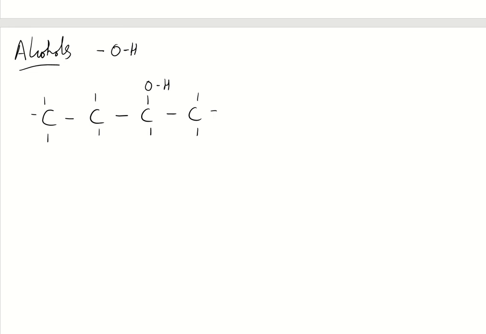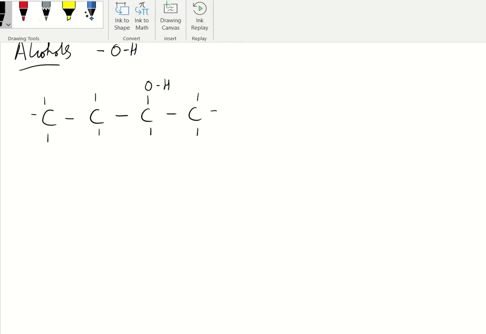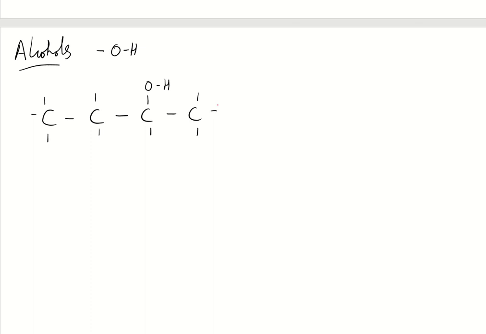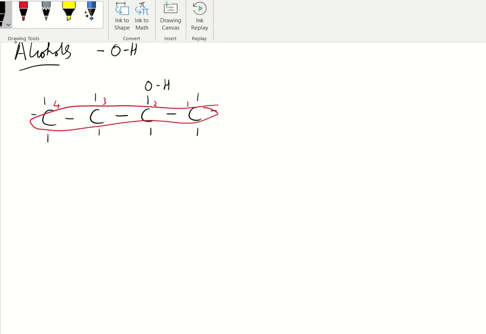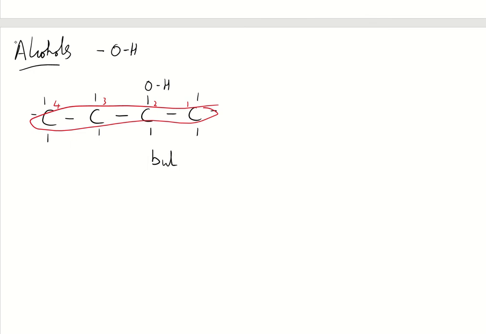So for the name of this, first off again, longest carbon chain, you always do that. 1, 2, 3, 4, nice and easy round there. Count from the side to give the alcohol the lowest number. So I'm going to count from the right. 1, 2, 3, 4. Puts it on carbon 2 rather than 3. And now for the name of it. 4 carbons, bute.